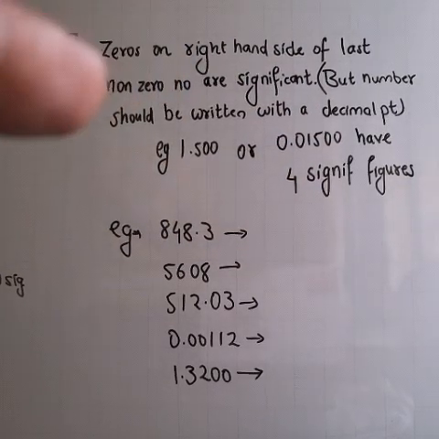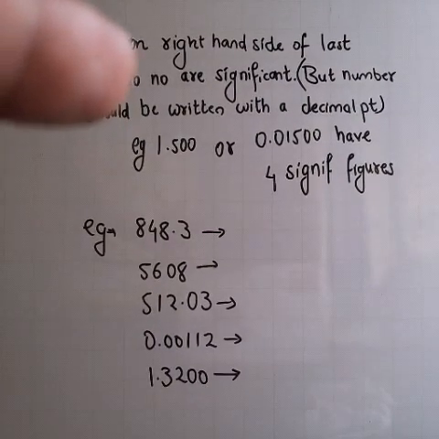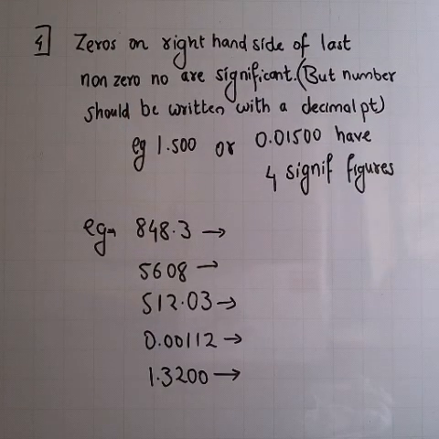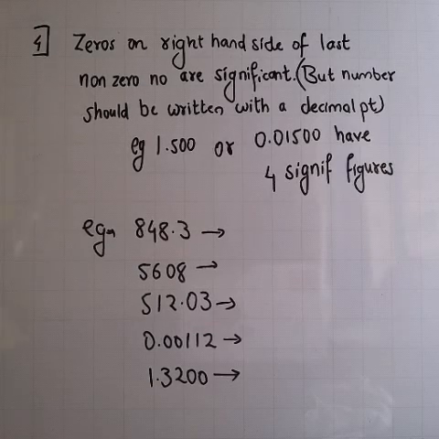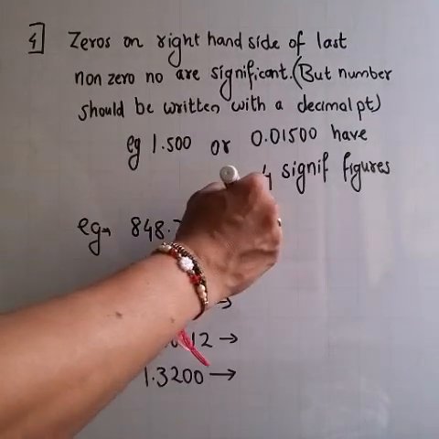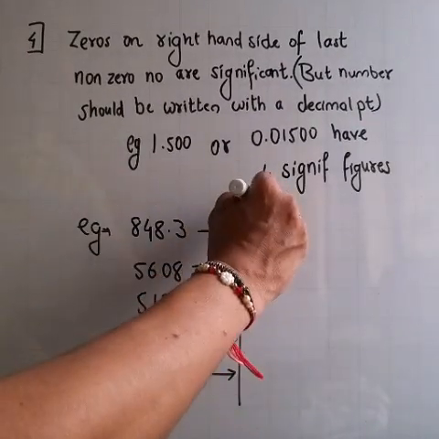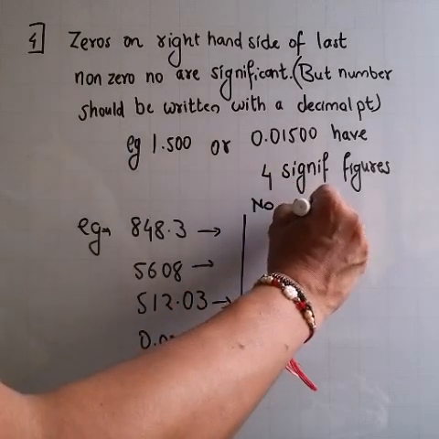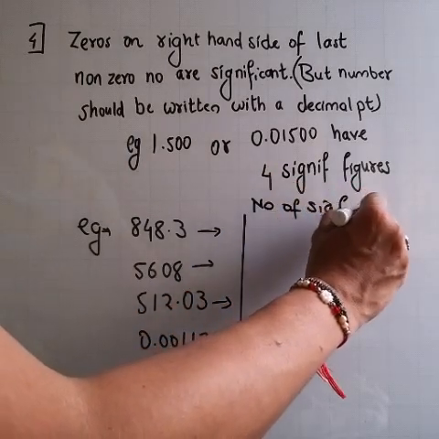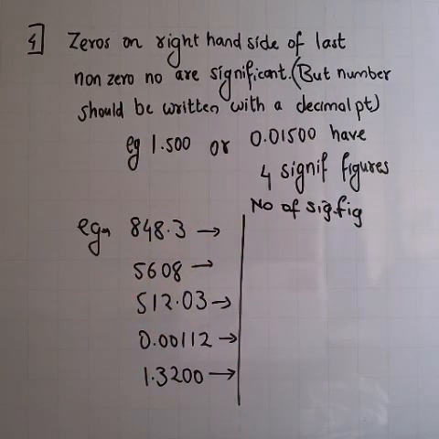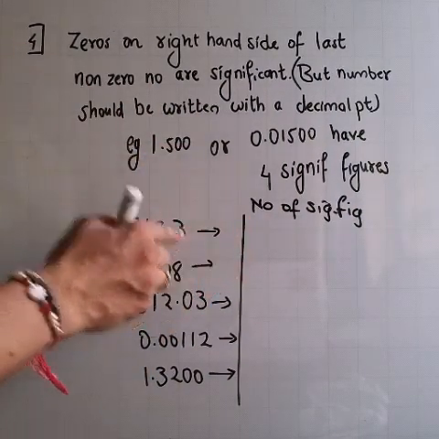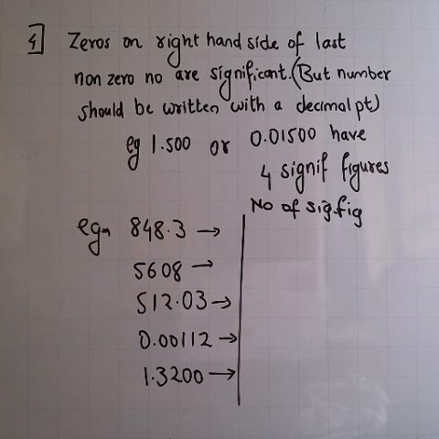Now over here I have taken 4 examples to make you understand significant and insignificant figures. I will simply write the number of significant figures, and you can also tell me. 848.3. How many significant figures will be there?